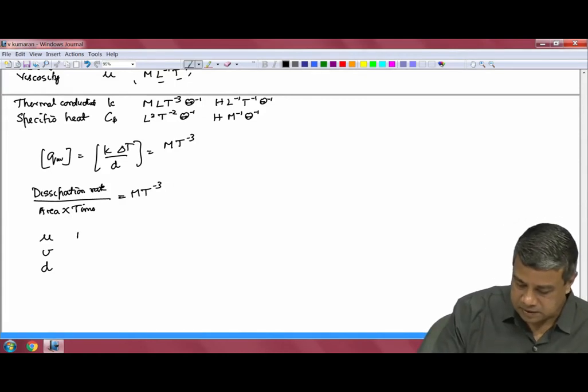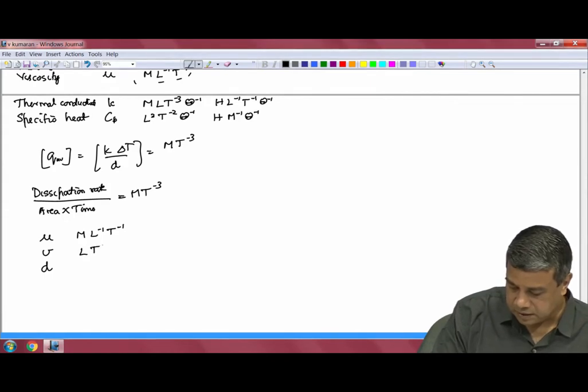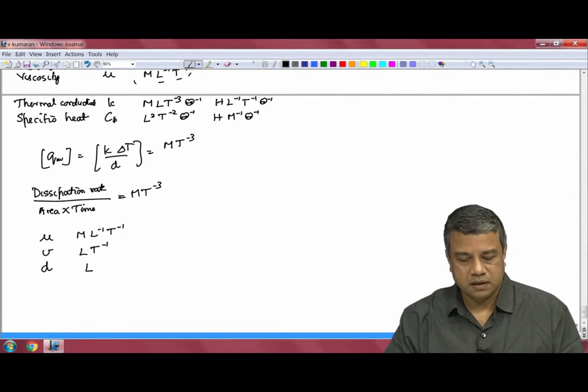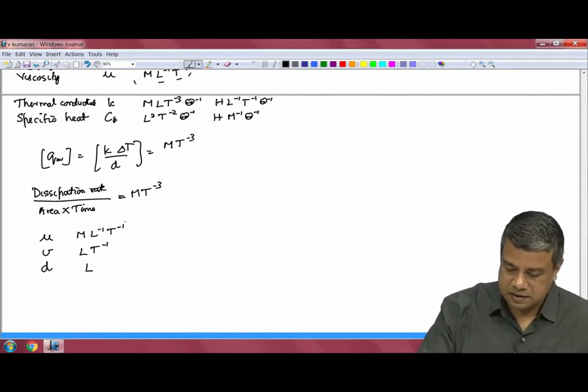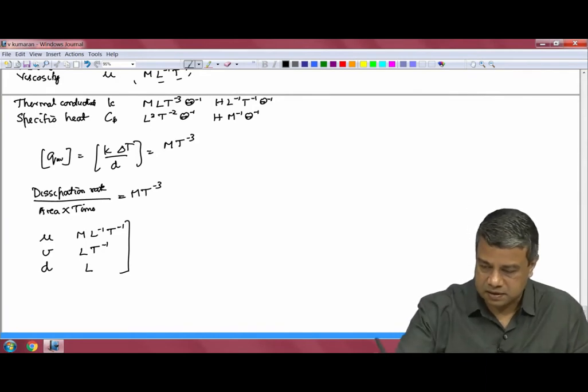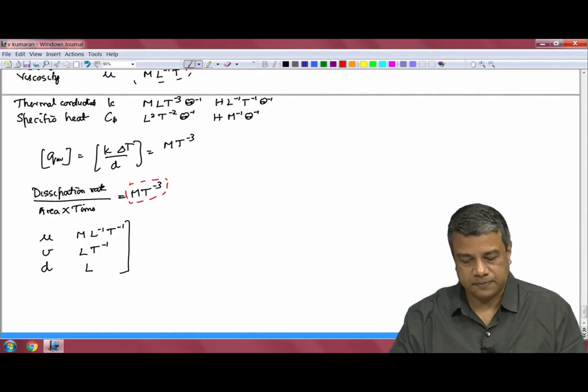Viscosity has dimension of m L inverse T inverse, velocity has dimensions of L T inverse, and diameter has dimension L. By a combination of these three, I need something that has exactly the same dimension as this energy dissipation rate per unit area per unit time.